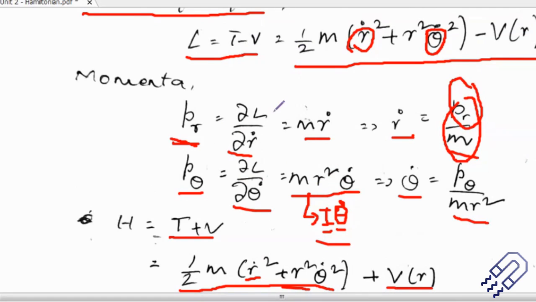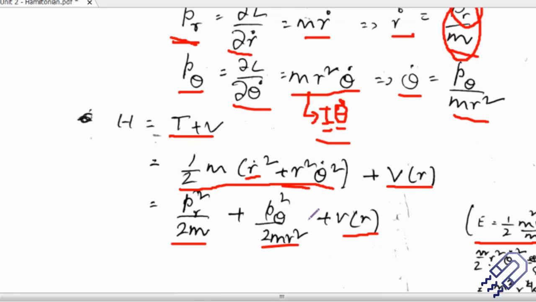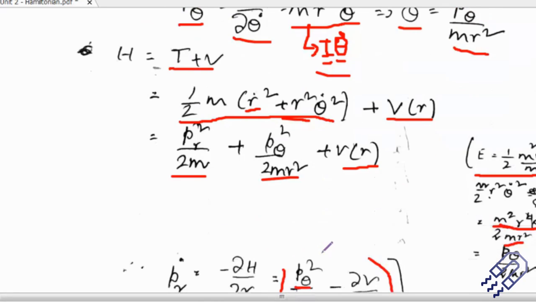Once you write down the Lagrangian, you can simply write del L del R dot, find out this, write down R dot is equal to PR by M, theta dot is P theta by M R square, and do the replacement. And then we have the Hamiltonian in terms of PR and P theta, right? So this is one step done. This is probably the first step that you have to arrive at whenever you're doing any kind of problem like this.